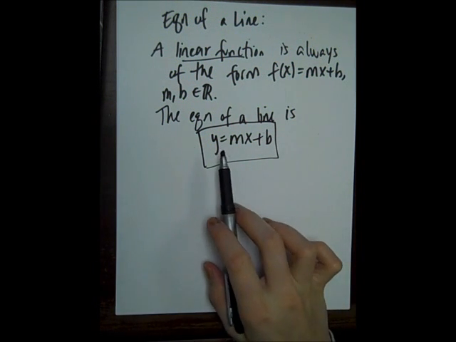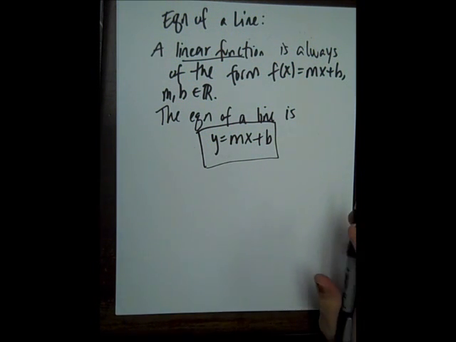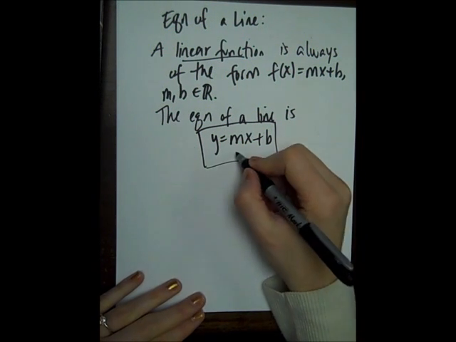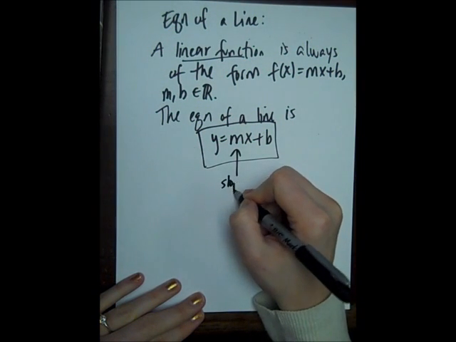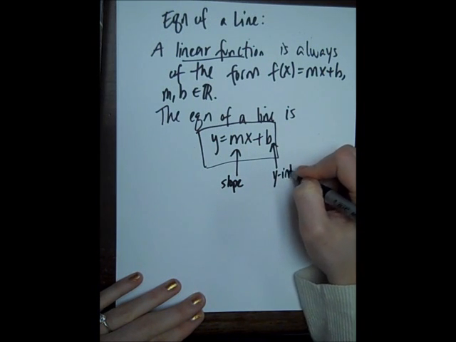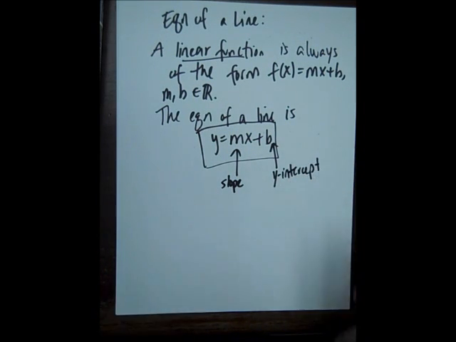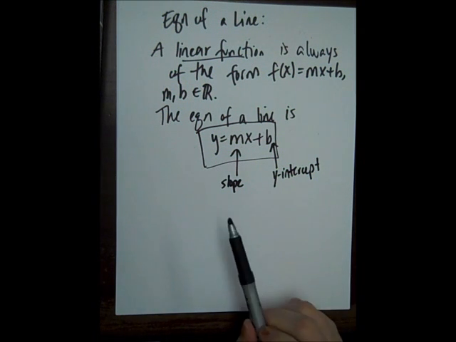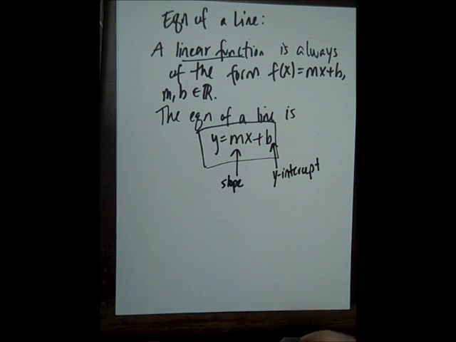We're always going to write our lines as y = mx + b. So m and b have special properties. m here is the slope, b is the y-intercept. That's why this is called slope-intercept form, because it has the slope and the y-intercept. Again, any line that we find the equation of, this is the form it's going to be.